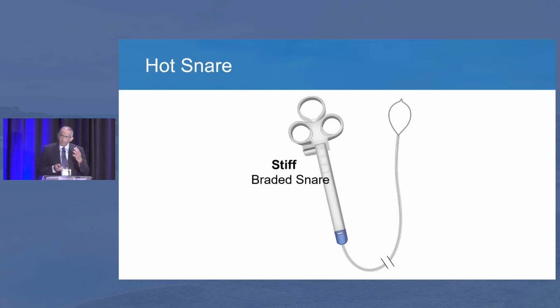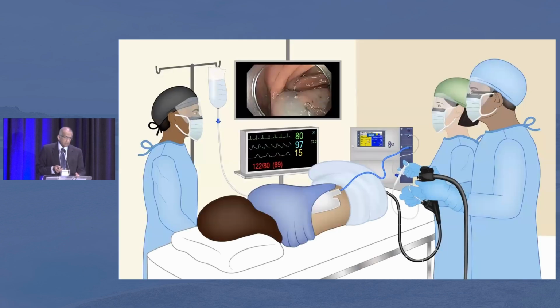In terms of the snare selection, I try to use a stiff snare, typically 10 millimeters when I'm working in the cecum, maybe 15 millimeters for lesions outside. One important thing that I want to mention here is we are delivering current to cut, and you need to see what is being delivered.